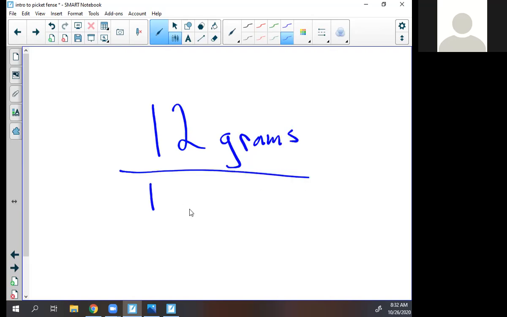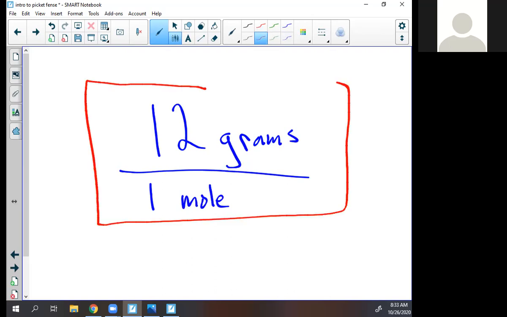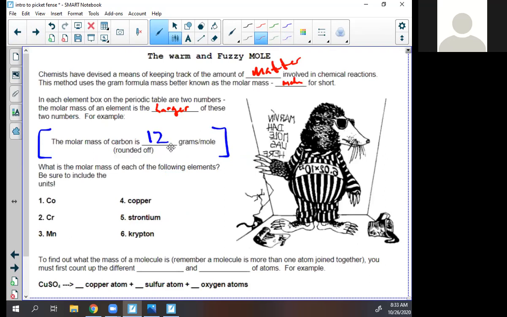per 1 mole. Now, if I said per, that means this thing is a proportion. The molar mass of something is a proportion. And we just learned we can put proportions in picket fences. So stick with me.